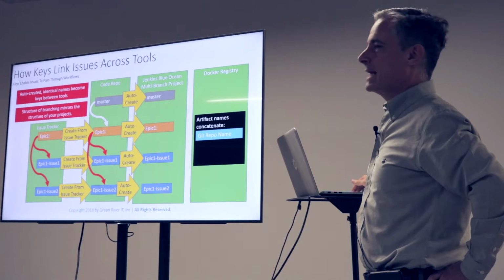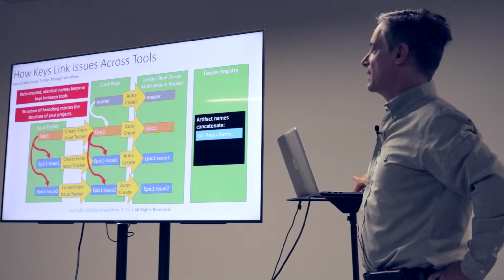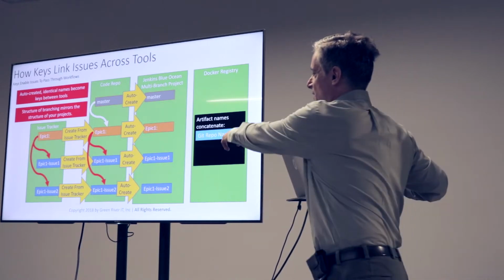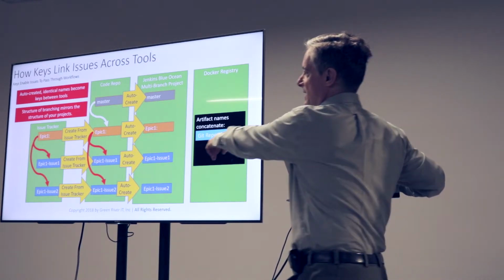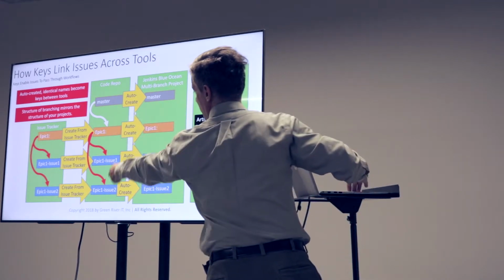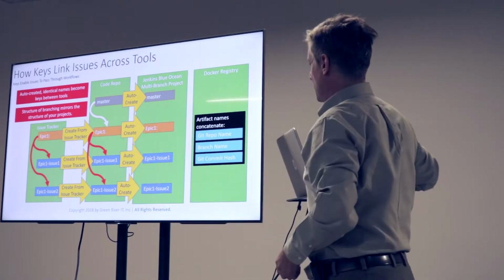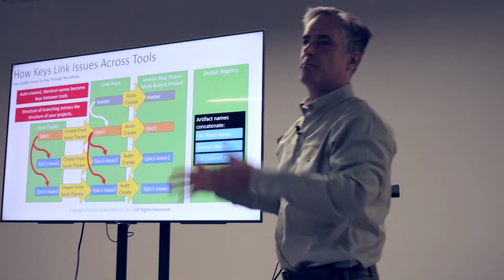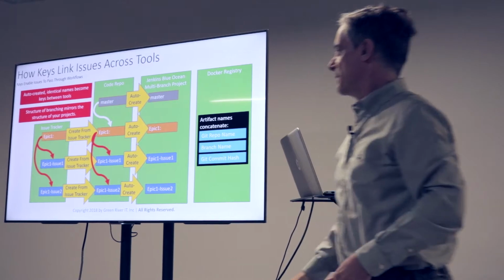We came up with a name for each one of these images in the Docker registry by linking together three different things. The name of the code repository, and then the name of the branch, right? We've got these various branches. And then the commit hash, because every one of these branches has multiple different commits that have been made to it.